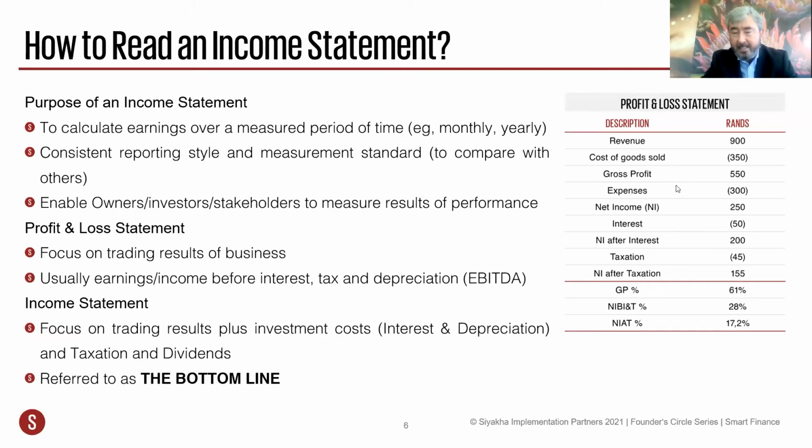You can see how the income statement goes on the right-hand side. It starts at the top with revenue. That's going to be the biggest number. The next should be cost of goods sold. So you deduct your cost of goods sold to get your gross profit. Then you would deduct your expenses to get your net income.